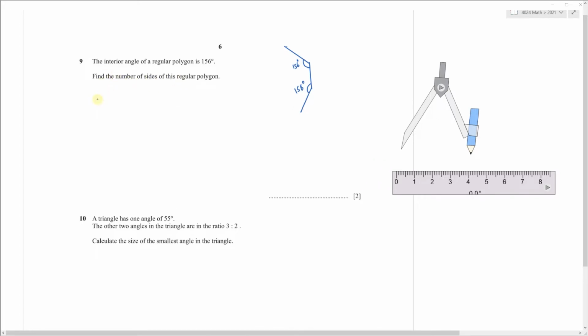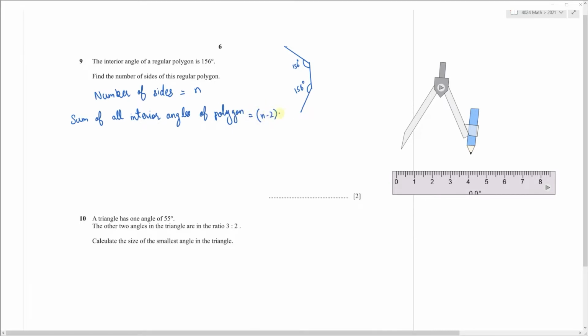So let number of sides equal to n. So you know that the sum of all interior angles of polygon is equal to what?